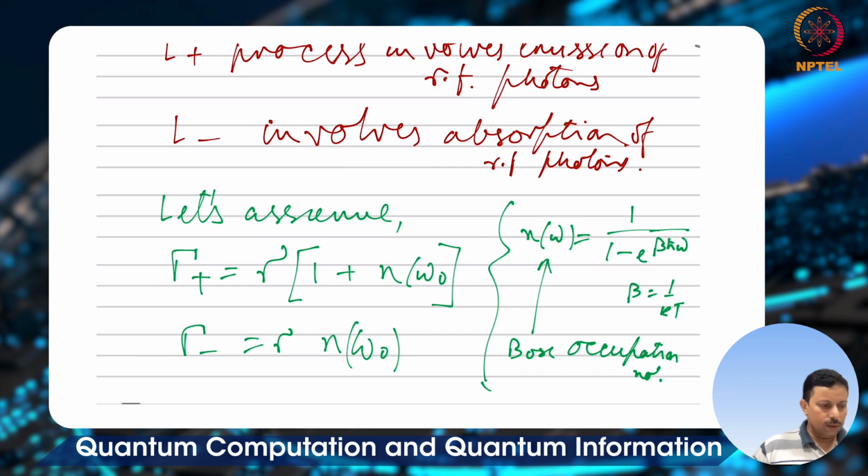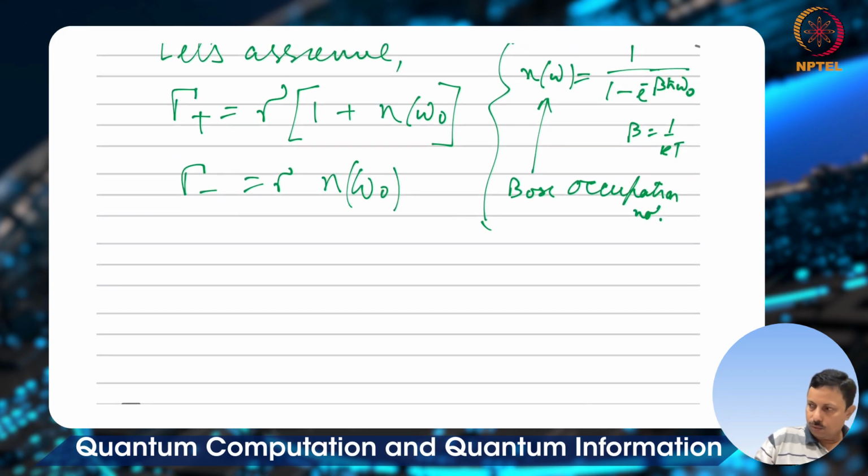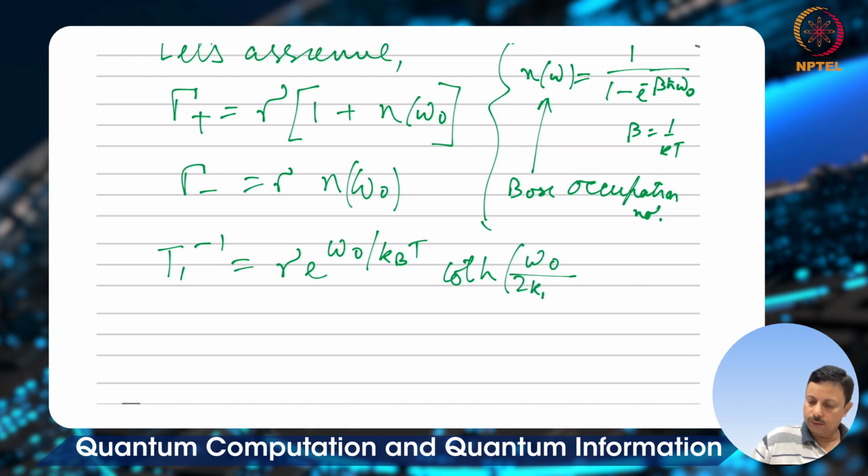Then T1 inverse is equal to gamma coth of omega naught by 2 kBT, and T2 inverse is equal to T1 inverse by 2 plus 2 gamma z.